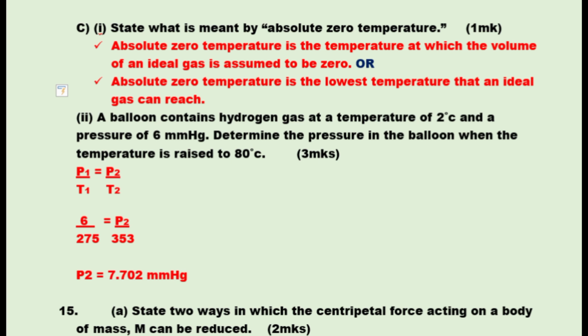So you convert the temperature to SI units, then you just replace the values. So pressure 2 becomes 7.702 millimeters of mercury.